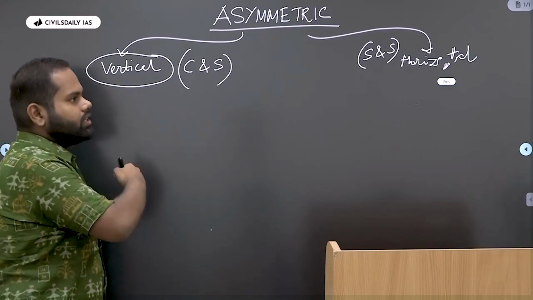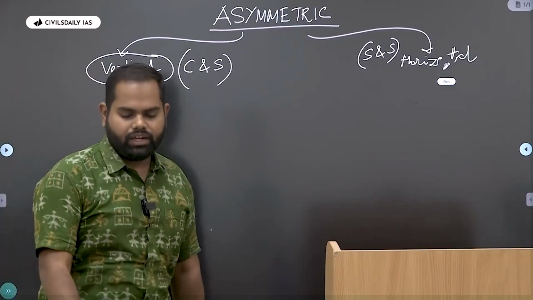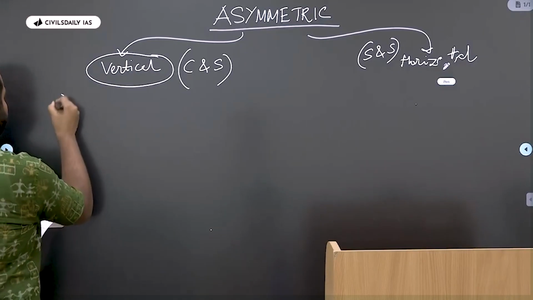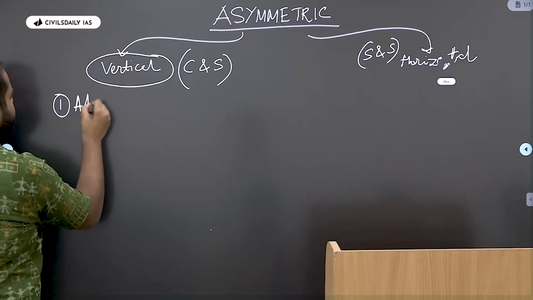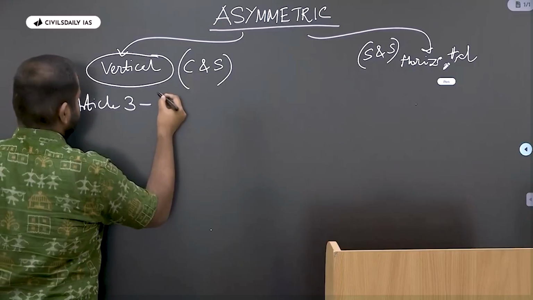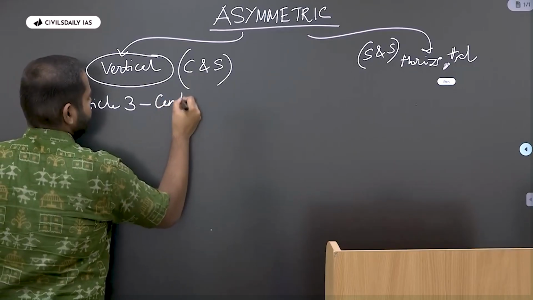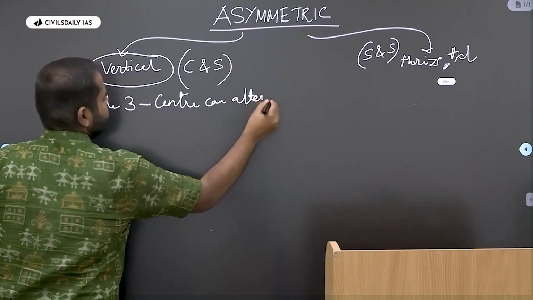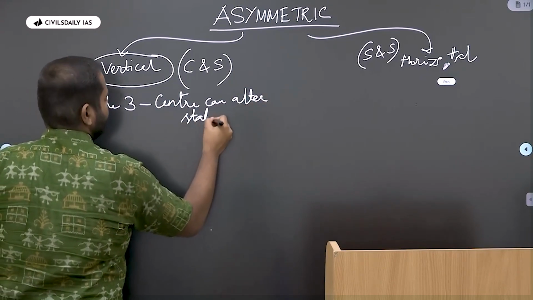These are the different dimensions you have to keep in mind when we are talking about vertical asymmetry. The first one, Article 3, which is about how the center can alter state names, boundaries, and so on.